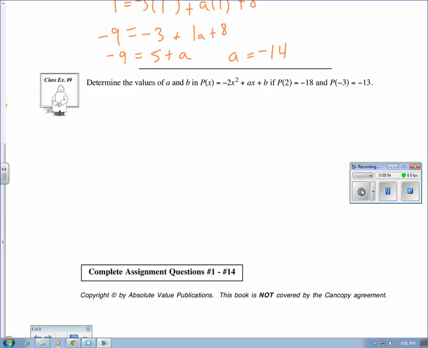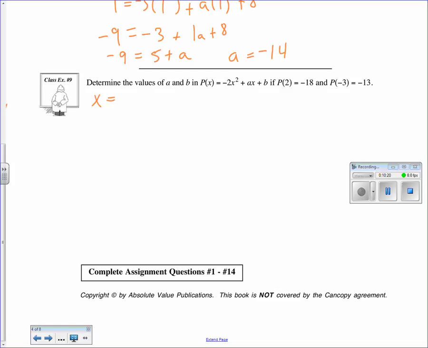Now I have two unknowns in class example 9, and two unknowns will require two equations. So I'm going to plug in the 2, I'm going to plug in the negative 3, and then see how beautiful the statements look. Remember, the context of the argument is my x value, and the answer is my y value. So my x value in the first case is 2, and it's equal to a y value of negative 18.